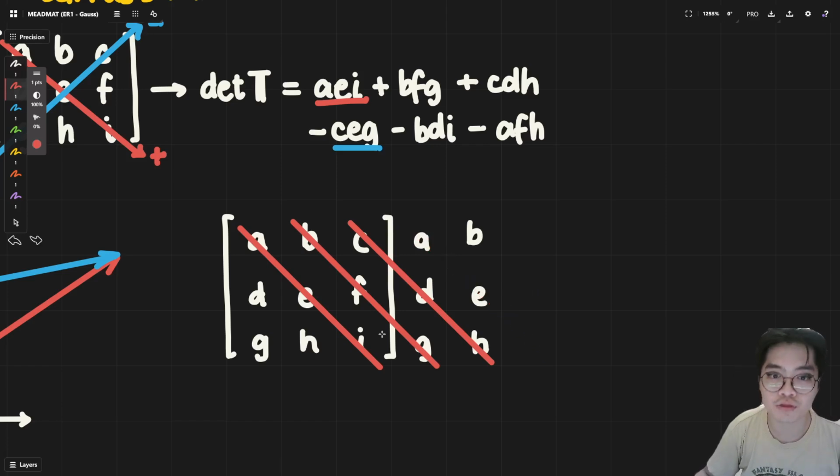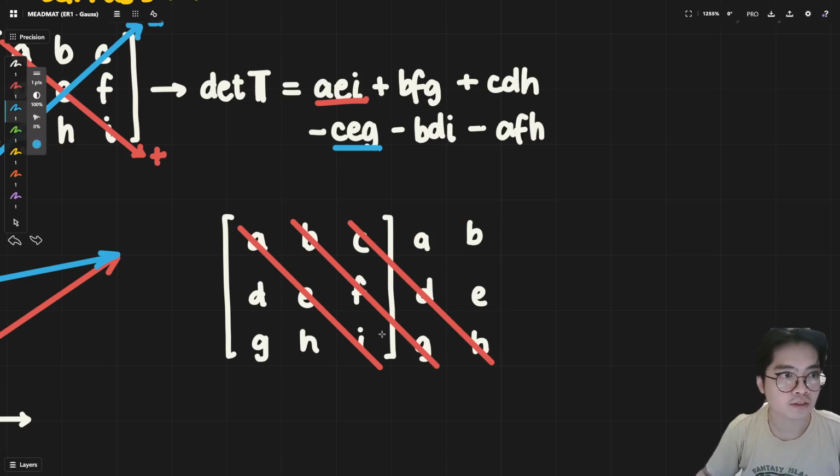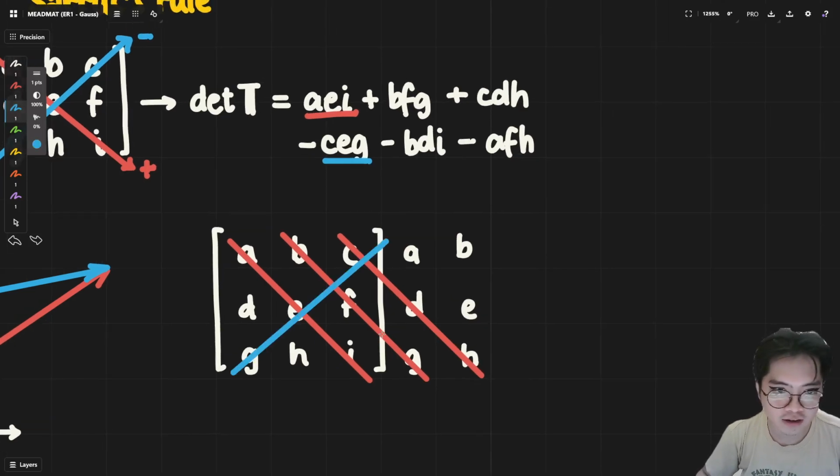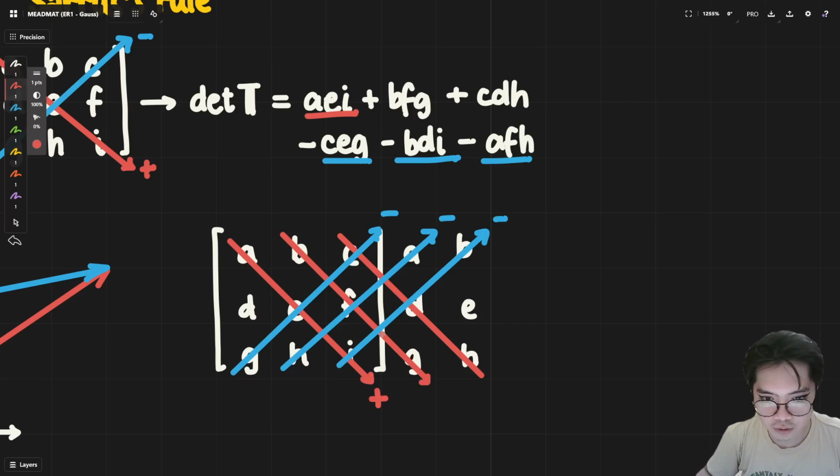We only need to repeat the first two columns. On the other hand, you will see a GEC, an AFH, and a BDI. All of these are going up, so they're all negative. And all of the others are going down, so they are positive.